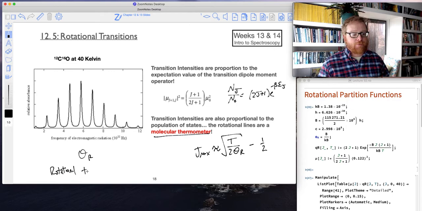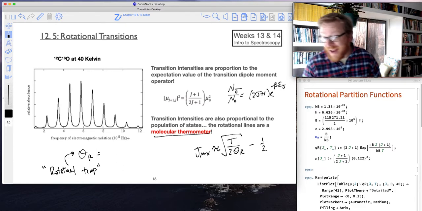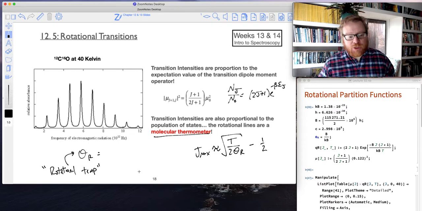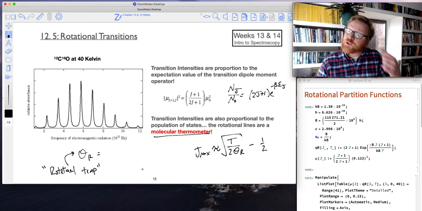And in the absence of any molecular translations or vibrations, the temperature of a sample of molecules will be based on the molecule's rotational energy.